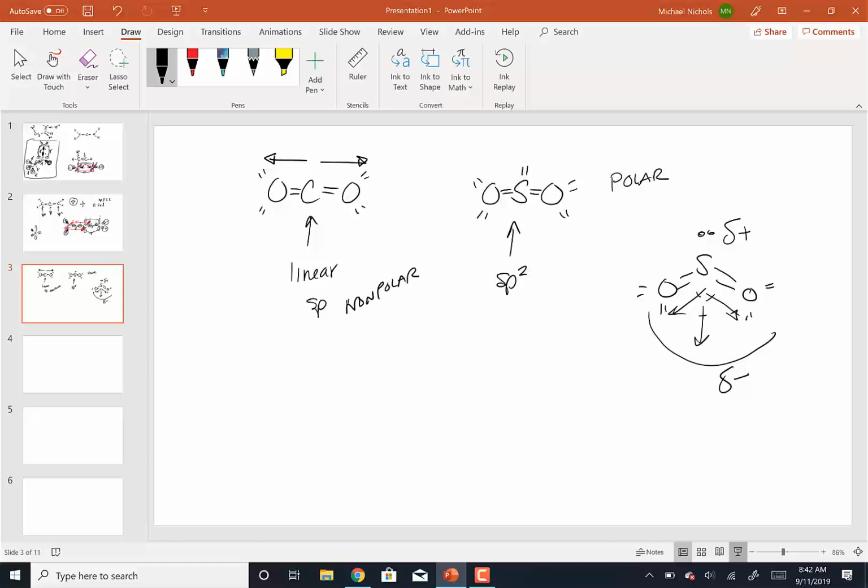So those are the steps we have to go through to determine what type of intermolecular force the molecule undergoes. Nonpolar molecules all undergo dispersion forces.